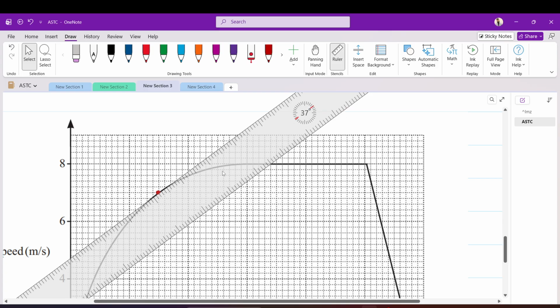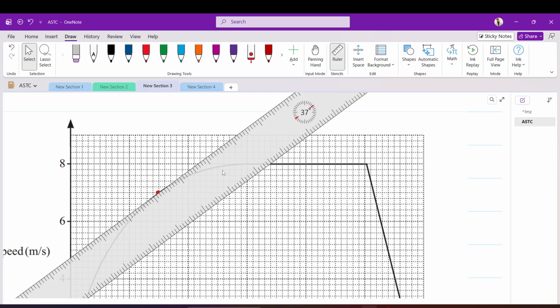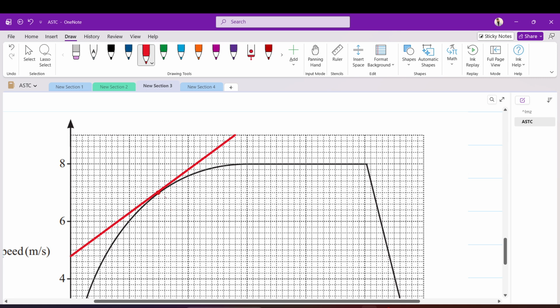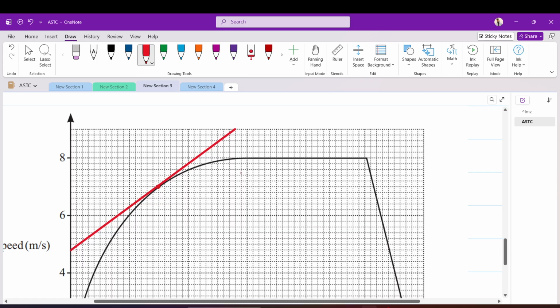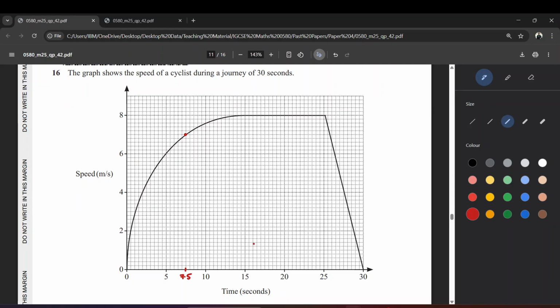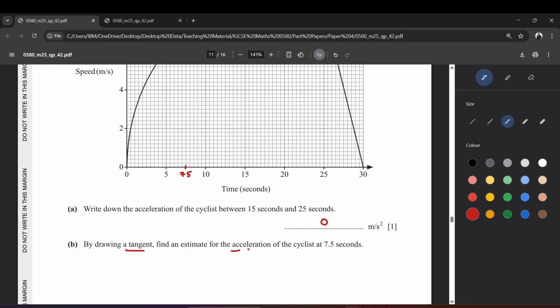All right, so we can make a tangent over here. So that's my tangent. Okay, now I need to take two coordinates, because I need to find the acceleration, right? Acceleration is the gradient of speed time graph.